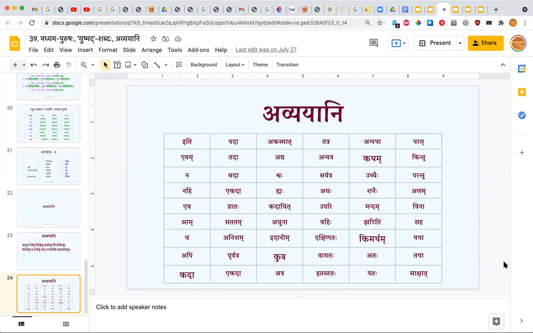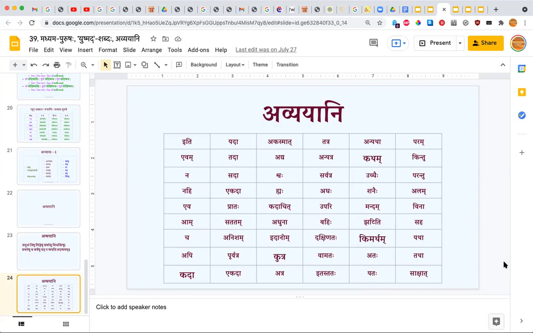So it does not change according to vibhakti, vachana or linga. So pullinga, strilinga, napumsakalinga, or ekavachana, dvivachana, bahuvachana, or vibhakti, prathama to saptami, the usage of the avyayam is the same. Bhagya Mahoday, we cannot say kala because when we talk about vachana, vibhakti and linga, it means it's a namapadam.